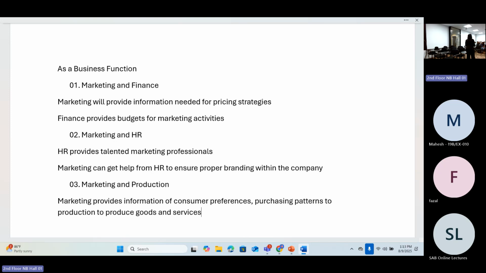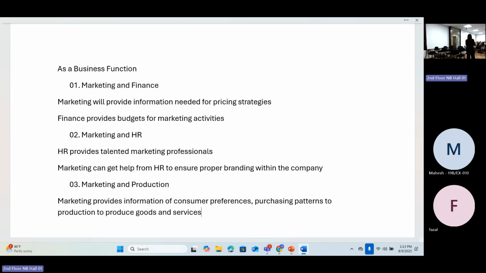If they specifically have target consumers, then relevant to that market segment, what are the changes happening, right? Maybe consumer preference changes, maybe social trends, maybe technological changes. Based on that, they will be using information to do other activities relevant to marketing.